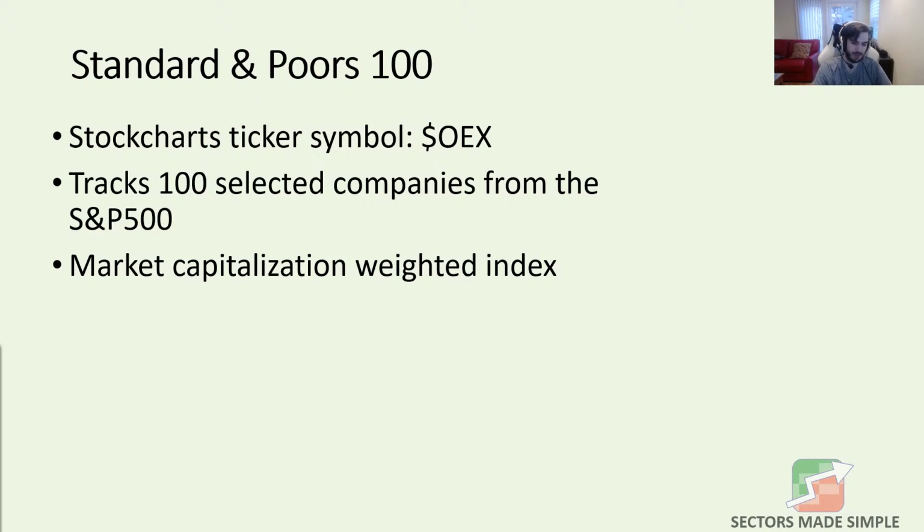I talked a little bit about how the big companies get a little bit more of a say. But when we're looking at something like the largest companies in the US market, we kind of lose a sense for how big these companies really are. There's something common in society, something we see in everyday life called the long tail effect.